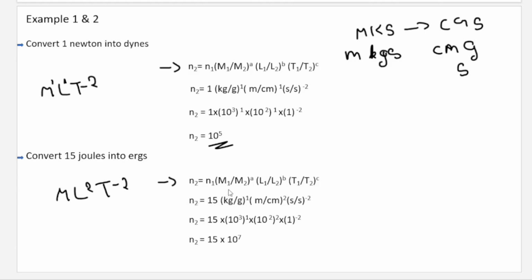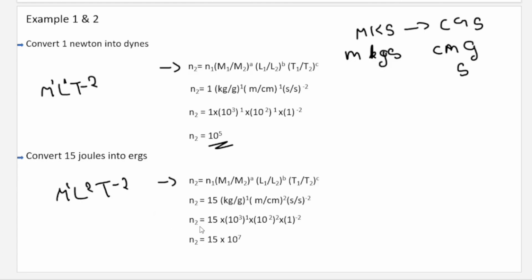Kg by g, M1 by M2, the same thing, whole 1 because M is 1, and then m by cm whole 2 because L is 2, and then s by s whole minus 2 because T is minus 2.